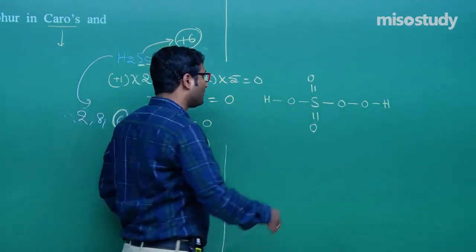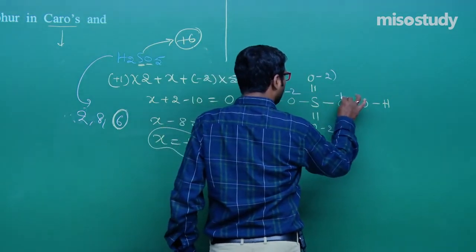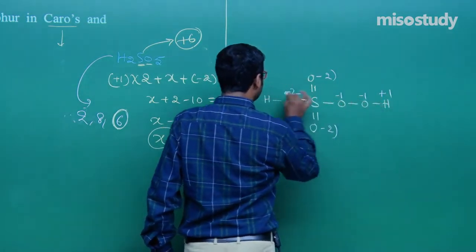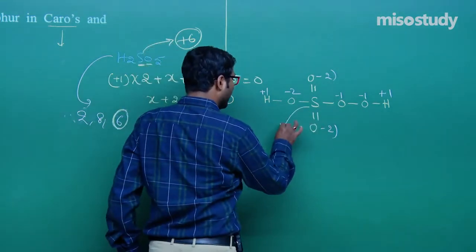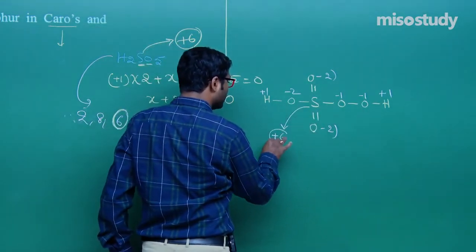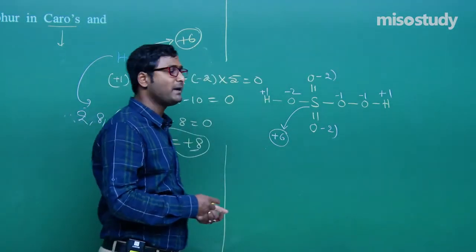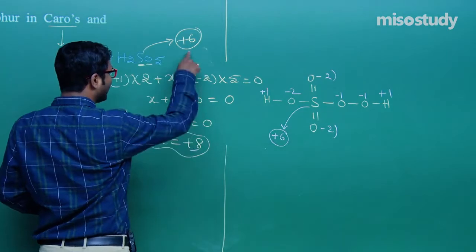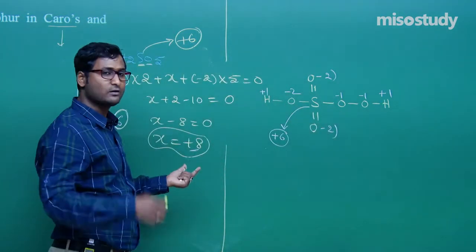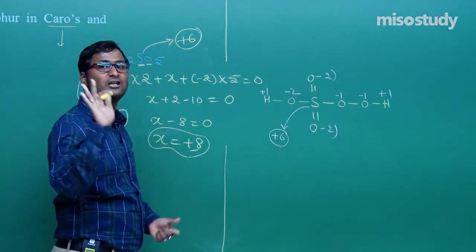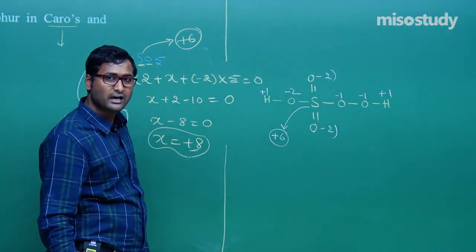Am I right or wrong? This one has oxidation states minus 2, minus 2, minus 2, minus 1, minus 1, plus 1 and plus 1. By using this, you can easily find that the oxidation state of sulfur is plus 6. This is one of the best methods to find the oxidation state of any substance. Here the gap is 2, so 1 peroxy linkage. If the gap is 4, then 2 peroxy linkages. If the gap is 6, then 3 peroxy linkages. Clear to you? This is the shortcut method to solve such kind of questions.